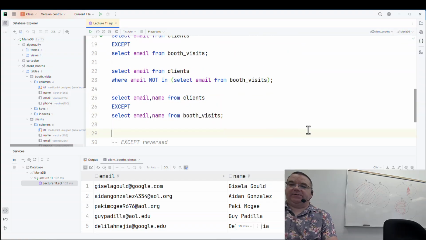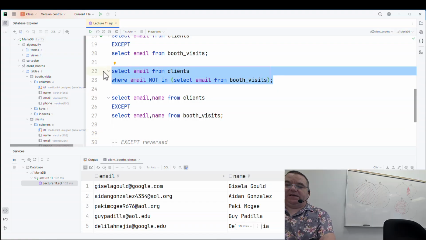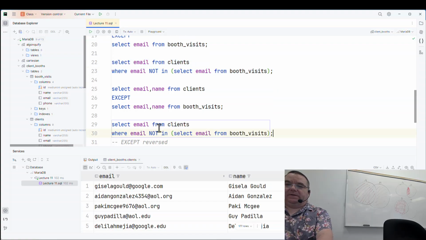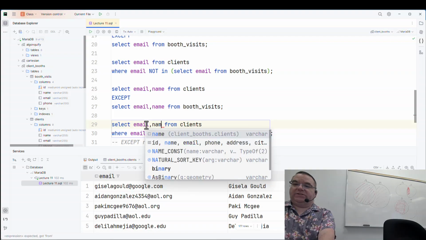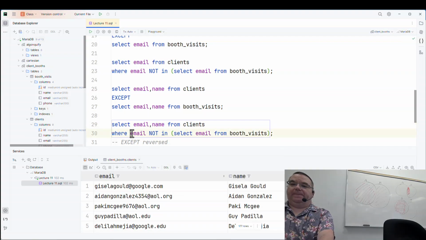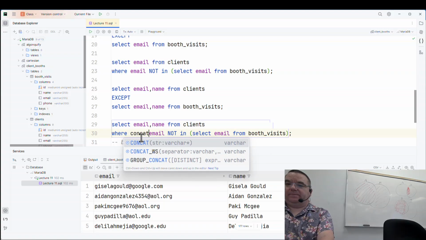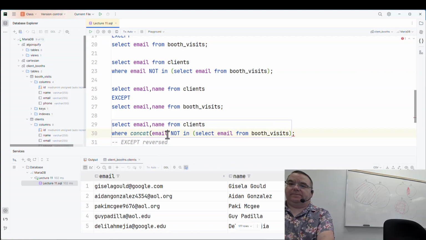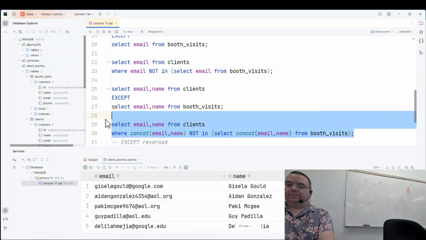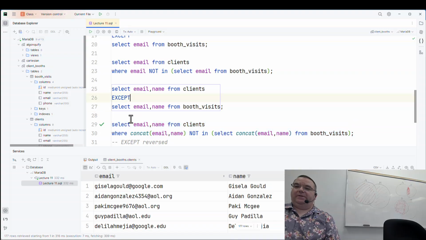Okay, so I already demonstrated this one. So if I want to do the exact same thing here, okay, I can add the name here. That's cool. However, if I want to emulate being unique on both columns combined, one 177.